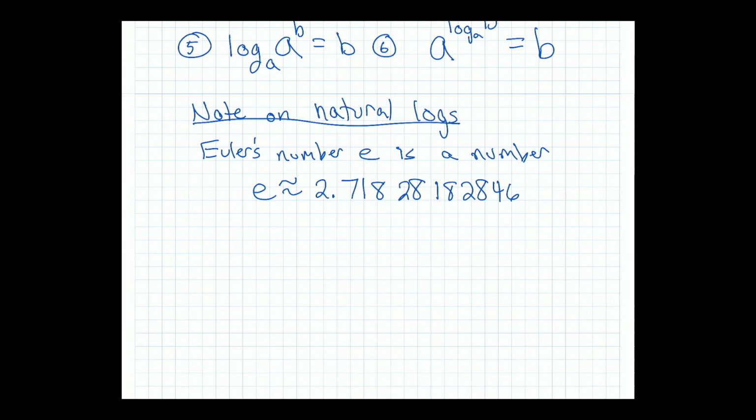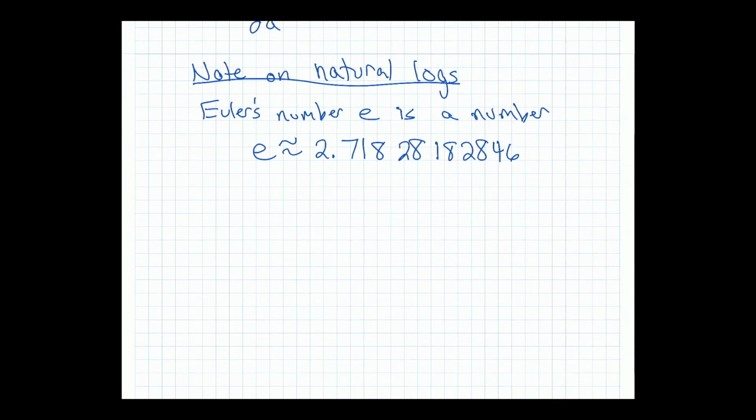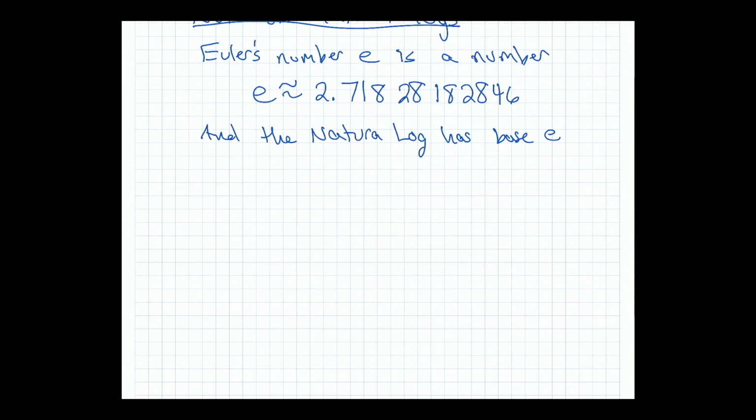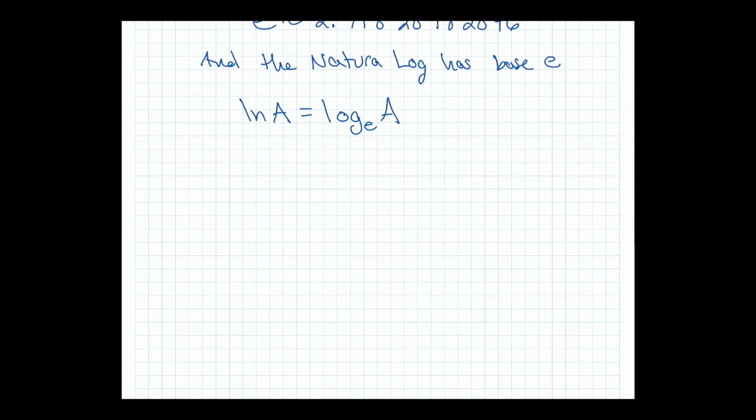So that's just a number. And a log base e is called the natural log. It has base e. So whenever you see ln of something, that just means log base e of that thing. And other than that, you don't really need to know much about it here.